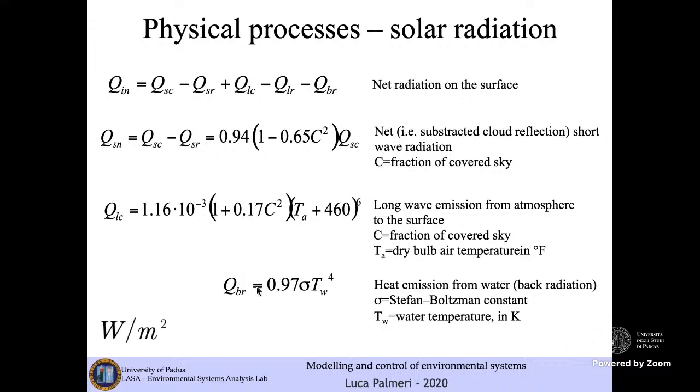And then the black body or the heat emission from water, that is the back radiation, depends on the water temperature. So if you put all these models together, you end up with a description of the effect of clouds on the sky, in terms of the fraction of the covered sky.